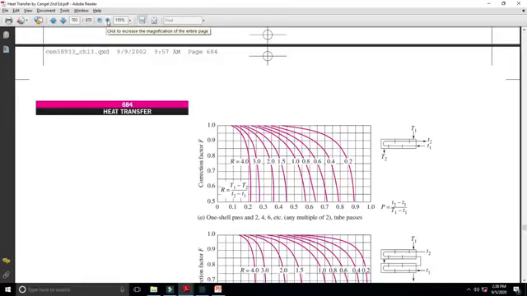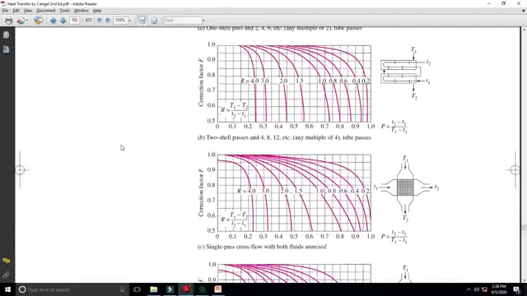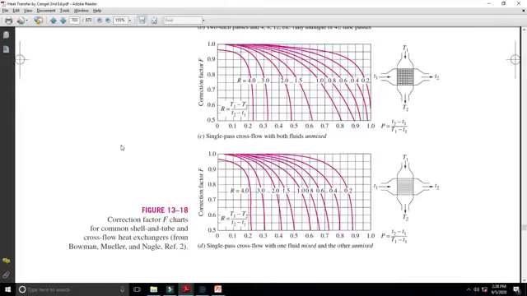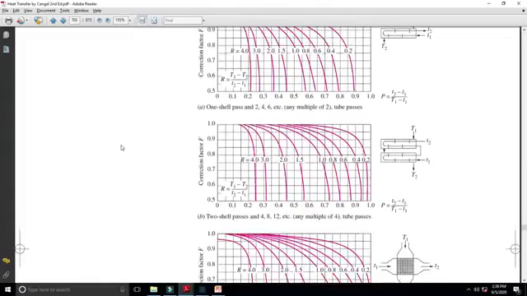This book is Yunus Cengel, where I had taken those graphs from. I have shown you 4 graphs, and those graphs are over here. It is chapter number 13 of that particular book.